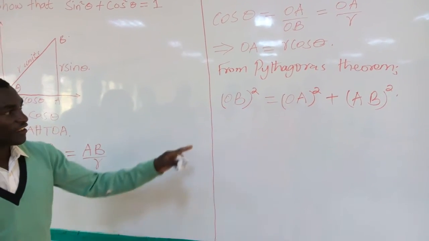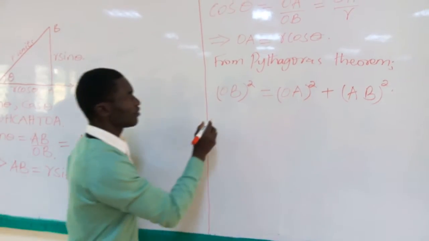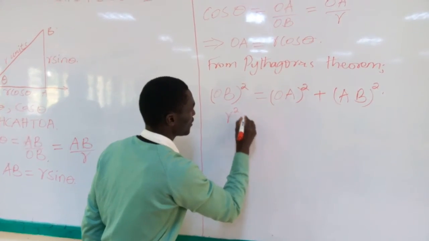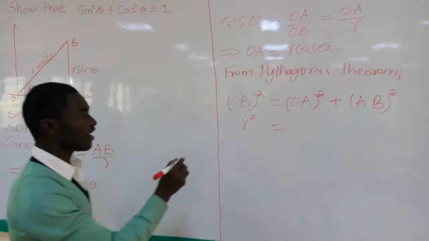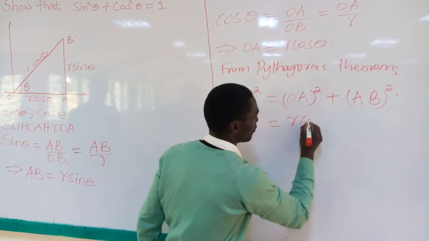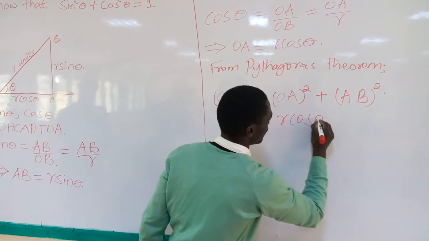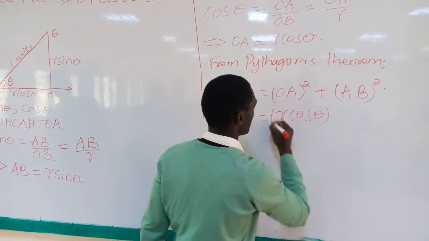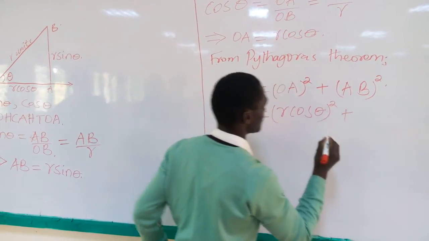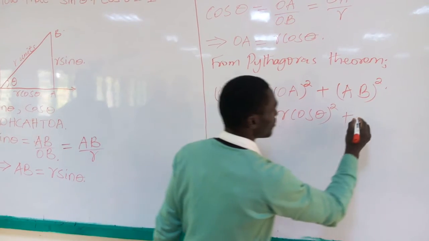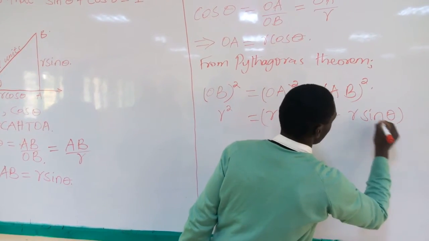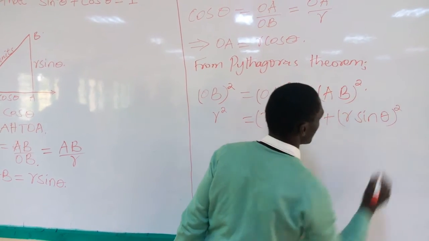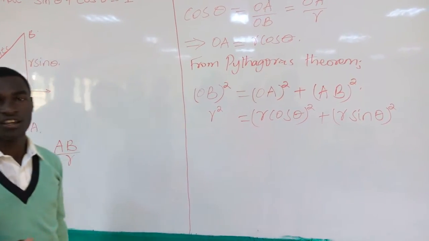Substituting for the values, we are going to have R squared equals OA, which is R cosine of theta, squared, plus AB, which is R sine of theta, everything squared.